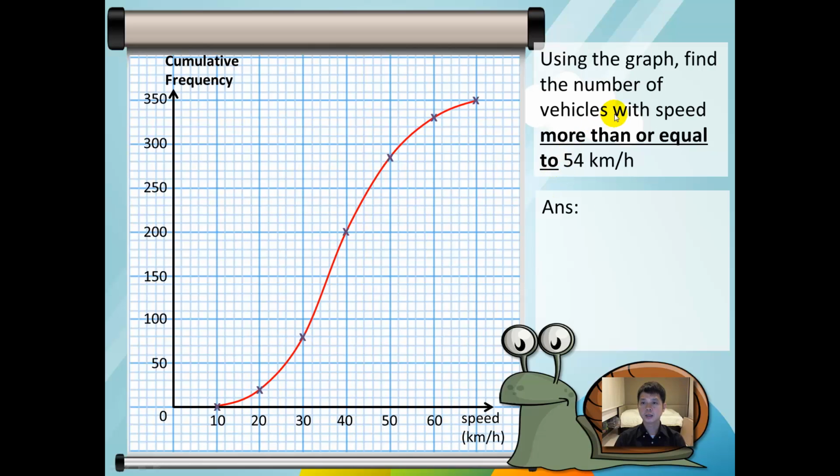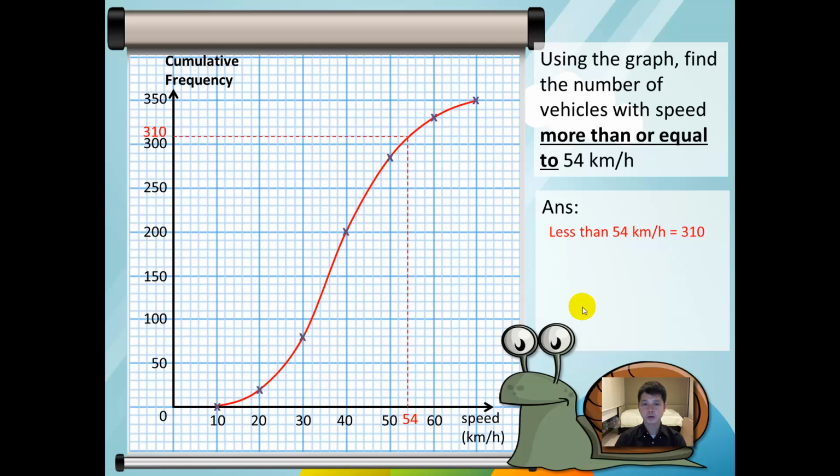Next, we are asked to find the number of vehicles with speed more than or equals to 54 km per hour. So, is the answer 310? No, definitely not. Why? Because 310 represents the number of vehicles with speed less than 54 km per hour.